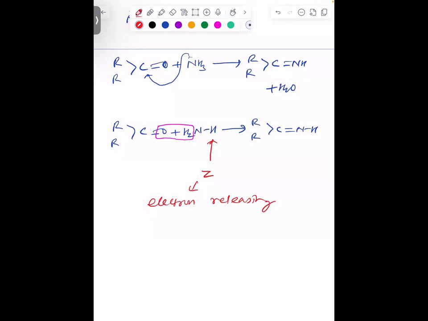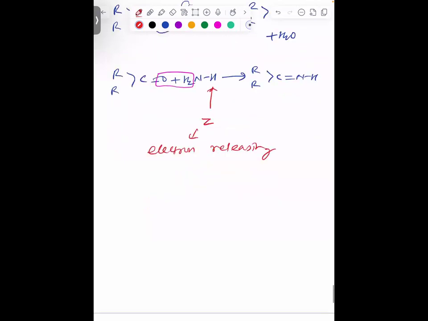Similarly, if any electron withdrawing group is present at the alpha position, its nucleophilicity will be decreased. Now I think you got the concept. So Z must be electron releasing.